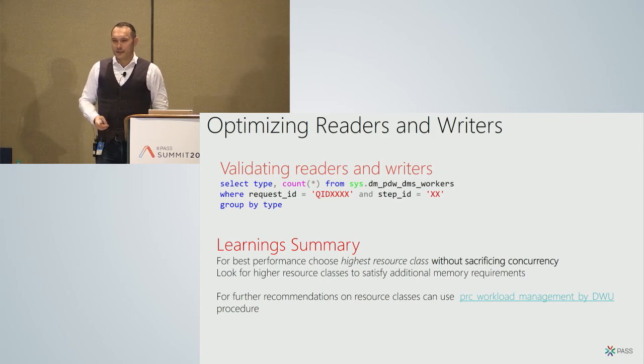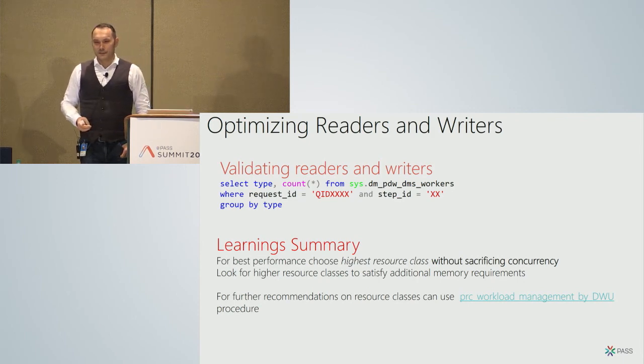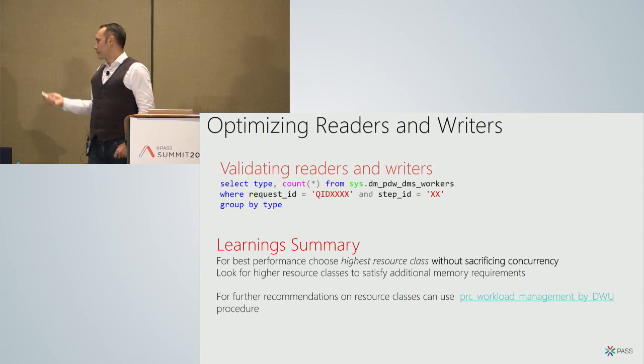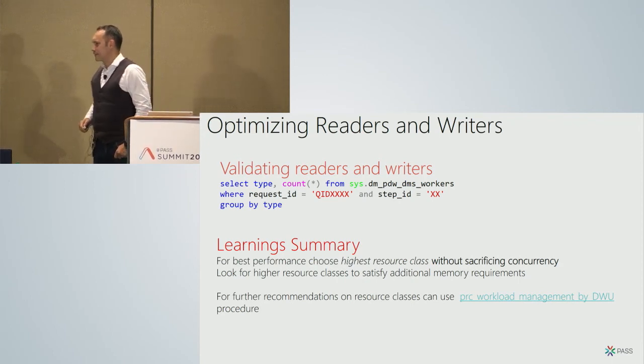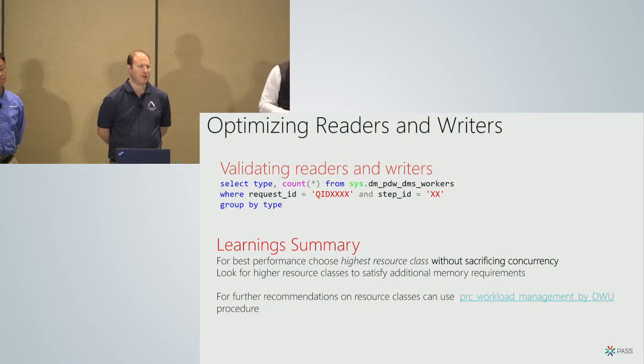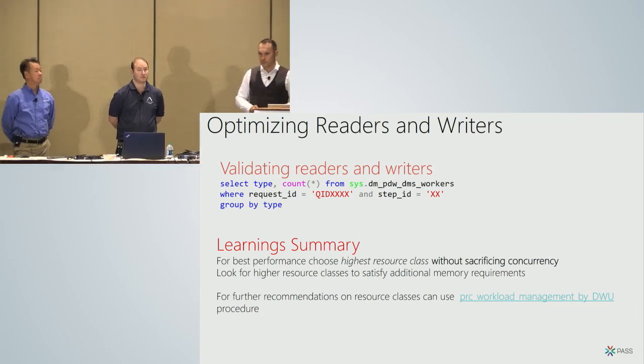Let me comment on the procedure. Right now it's for Gen 1, so we're looking to get the one for Gen 2 out. It will make recommendations based on the metadata on your table on the best resource class to run under.